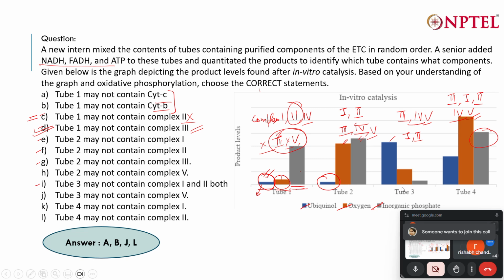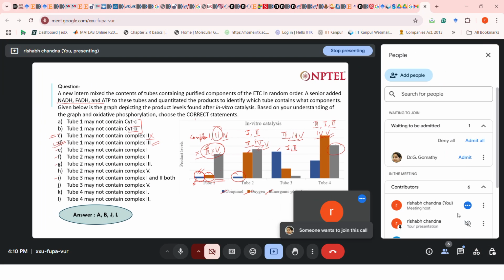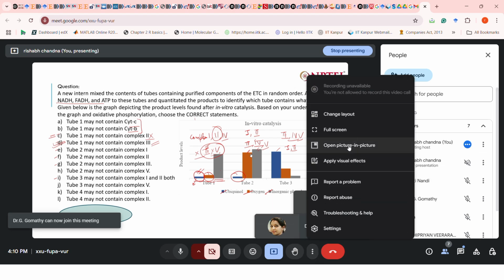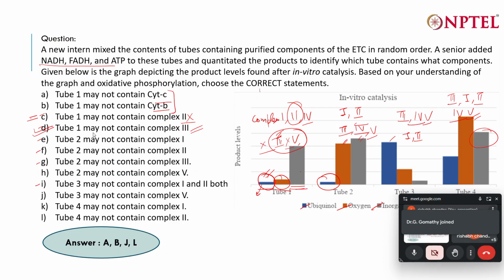Okay, now moving on to the fifth option, tube 2 may not contain complex 1. No, in this case complex 1 can be present, so this is false. Then tube 2 may not contain complex 2. This is also false.